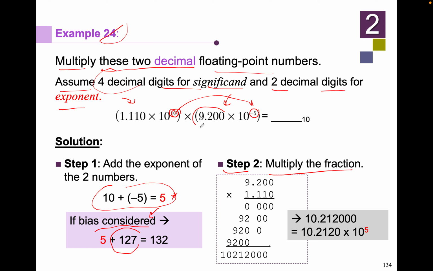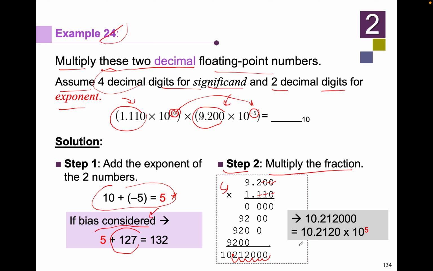You have this number and this number, you're going to do normal multiplication mathematics. And you're going to get this value, and you have 1 2 3 4 5 6, and 1 2 3 4 5 6.